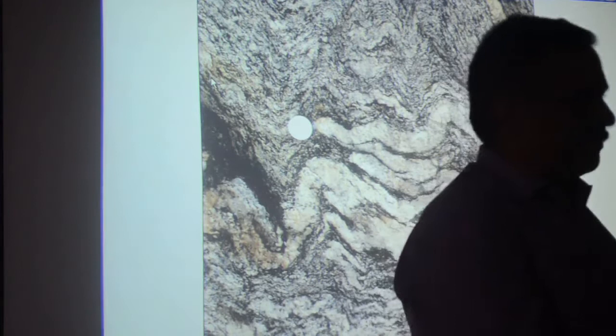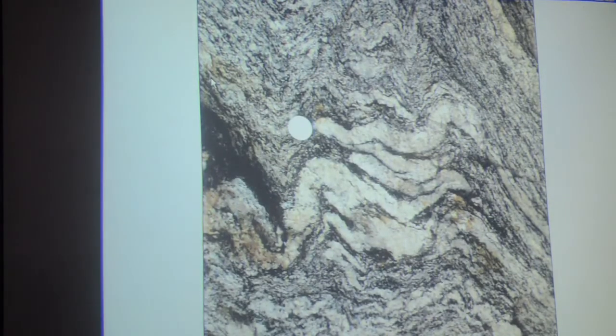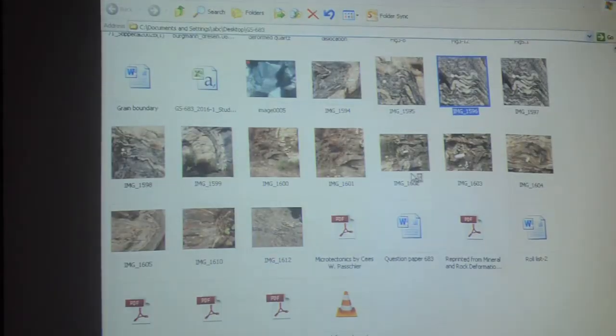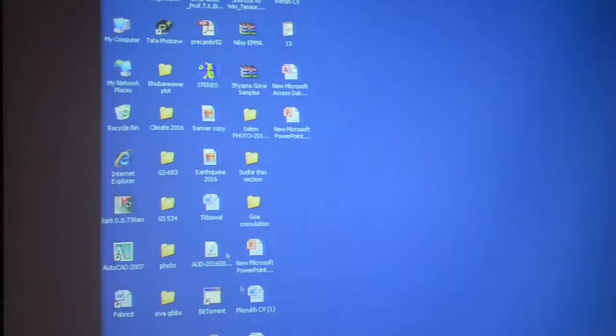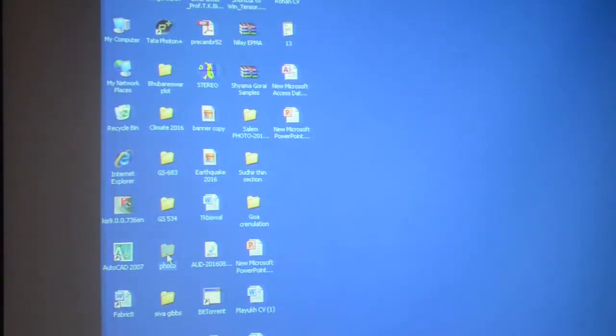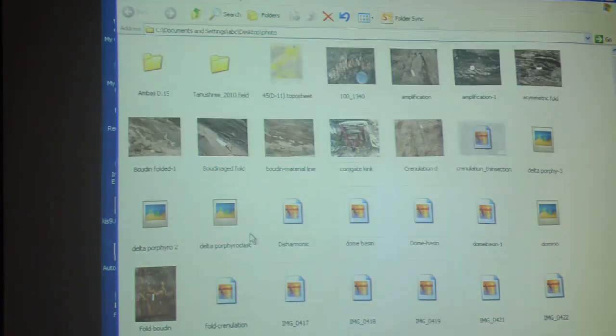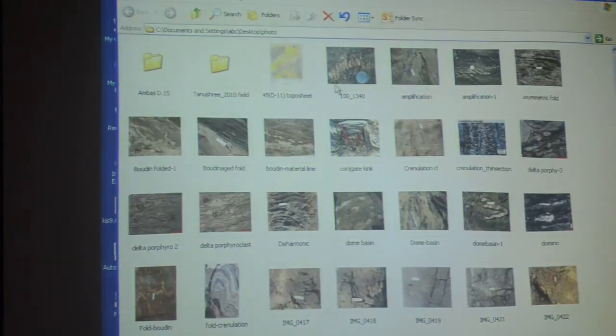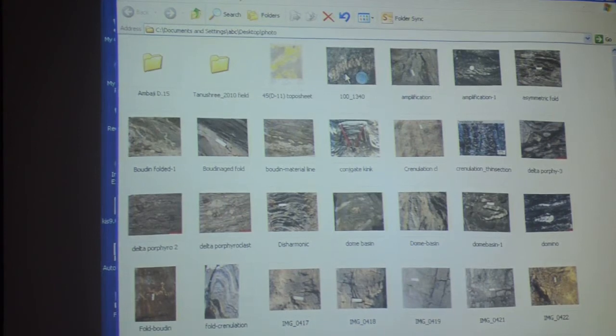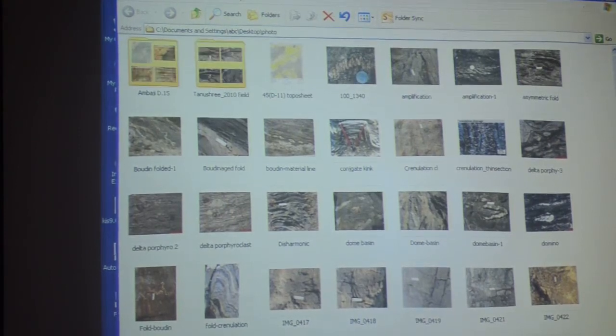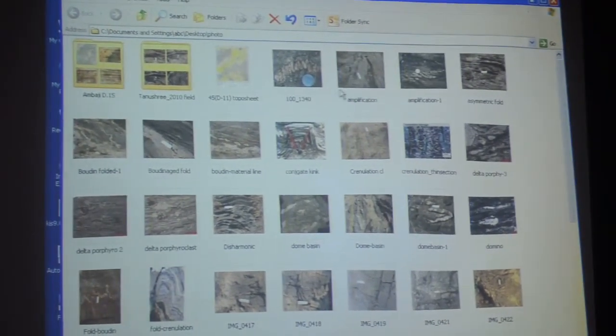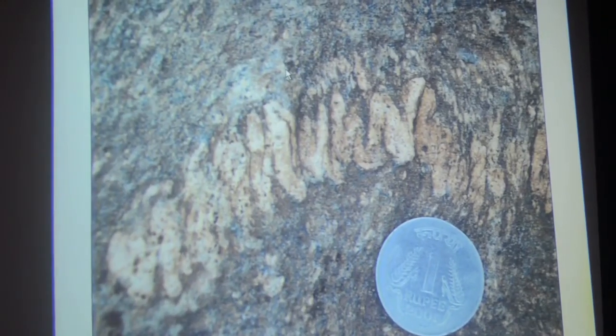I will show you another photograph. You just see. I am not leaving this part unless you understand. Let us see some other fold. You see these folds.